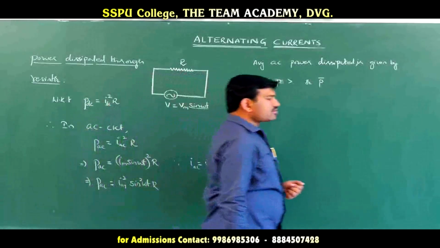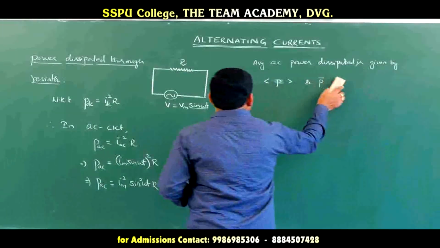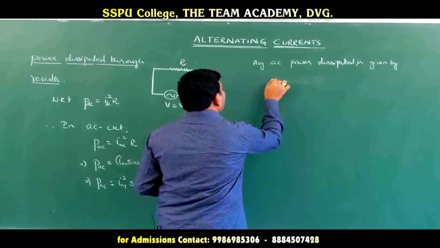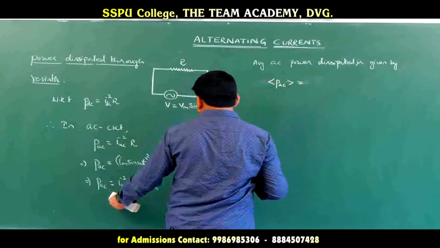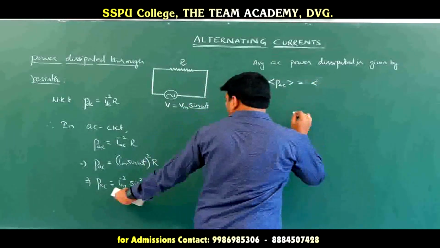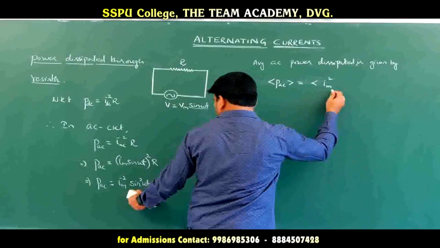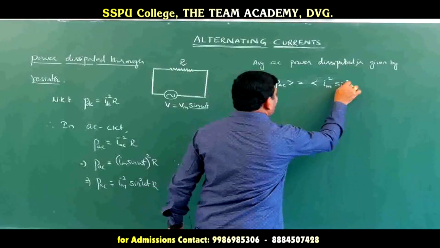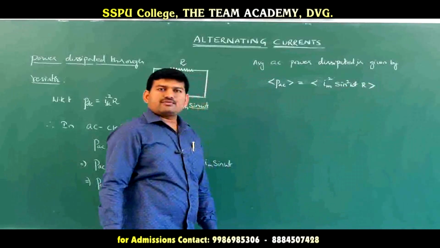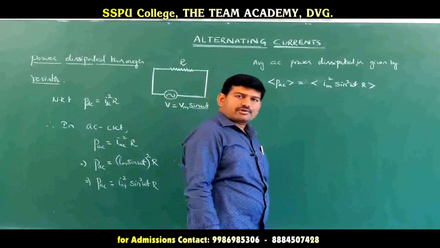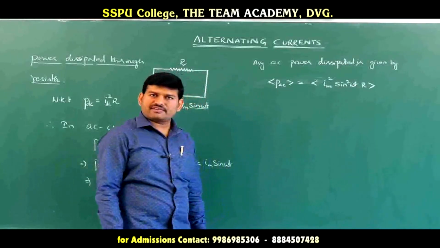Now here I am going to calculate the average power that is dissipated over a full cycle. Therefore, I write the average value of AC power is equal to the average of what is P_AC, nothing but Im square into sine square omega t into R. We know that Im is a maximum value which is constant, and R is the resistance value, which for a given resistor is fixed.